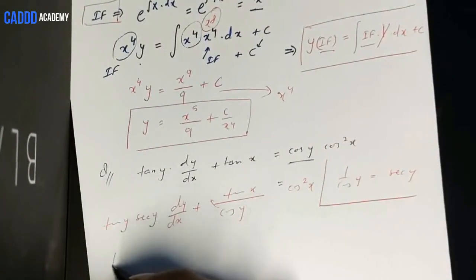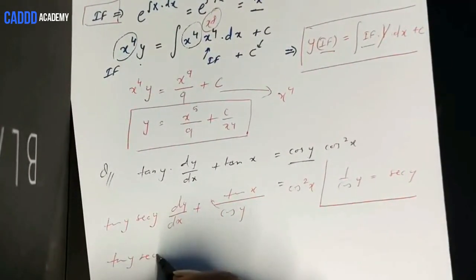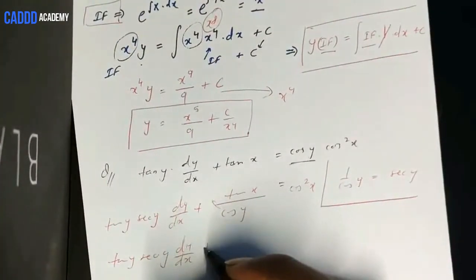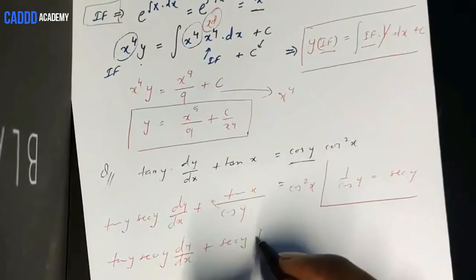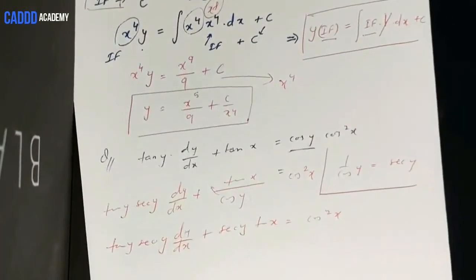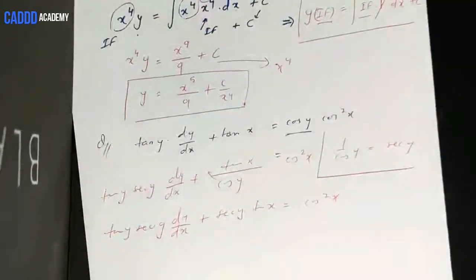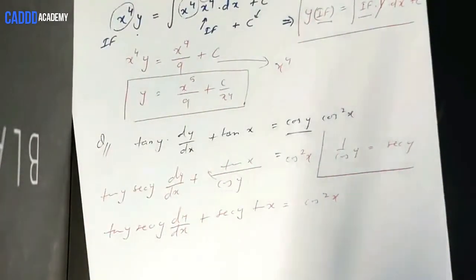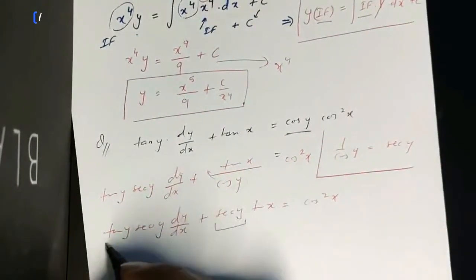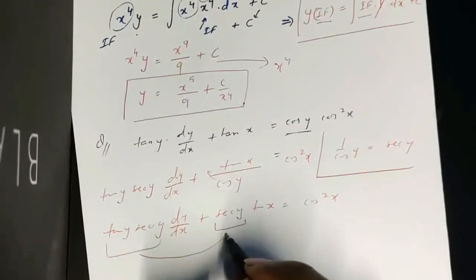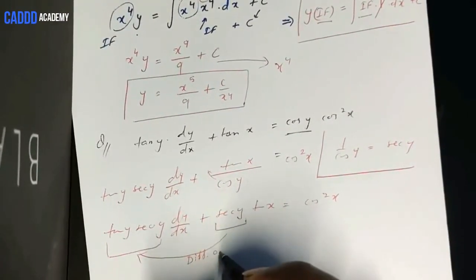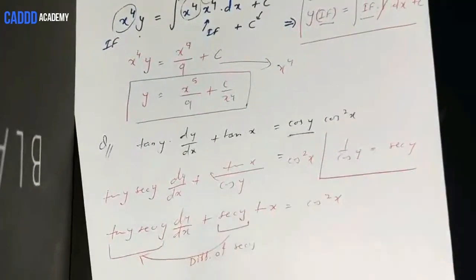So tan y sec y dy by dx plus sec y tan x is equal to cos square x. So this is the equation, and we can see that this is sec y and this is the differentiation of sec y.